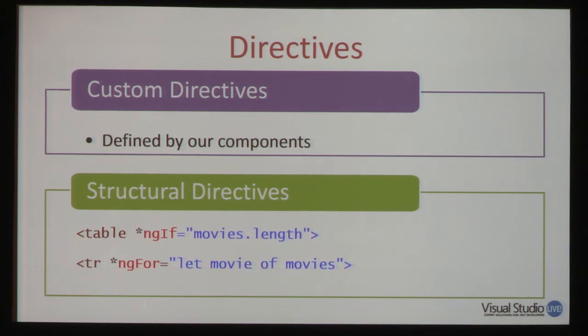That's why it's of instead of in. What this does is it repeats this TR tag and all of its children for each movie in an array of movies. Okay, so this would be an easy way to display all of the movies in the form, or in the movie list. It's not a form. All right.